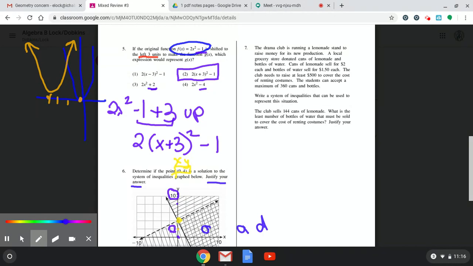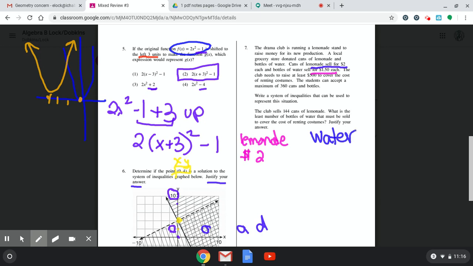Here we had a lot of information kind of given. We have cans of lemonade that cost $2 and bottles of water that sell for $1.50 each. So let's kind of give ourselves 2 let statements. So we have lemonade is $2 for each, and we have water that is $1.50 for each.